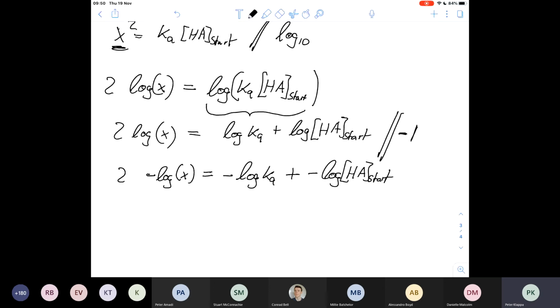I just multiplied this -1 into here, and into here, and then into here.